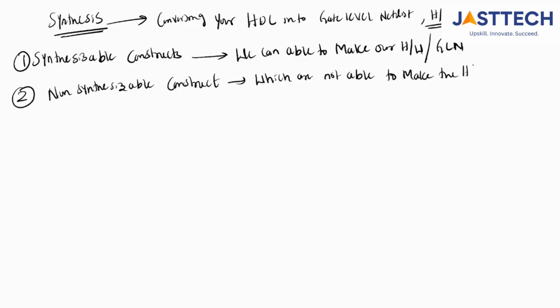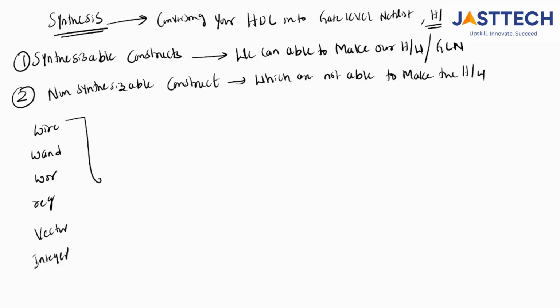In the data types we already discussed, which are synthesizable and which are non-synthesizable? We have data types like wire, wand, var, reg, vectors, and integer.